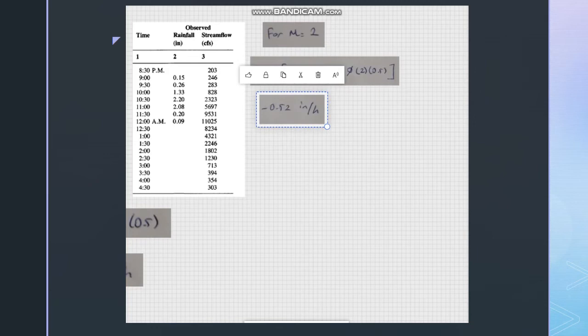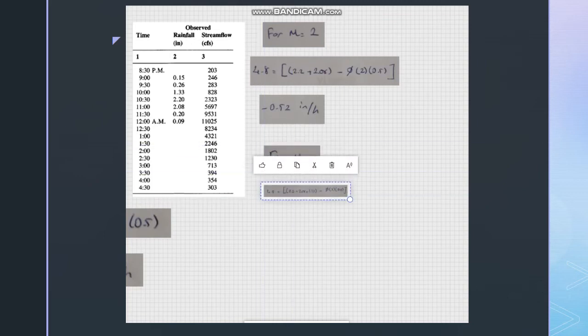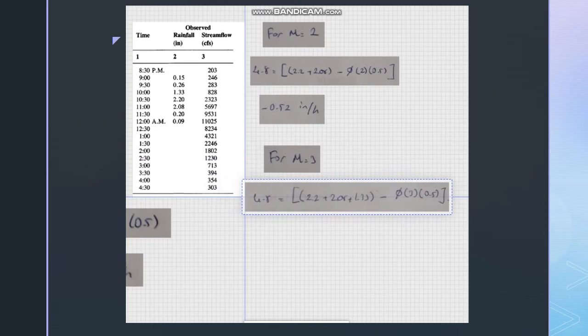For m, the interval is gonna be 3. Let's go through. For m equal to 3, the highest ones are 2.2, 2.8, and 1.33. So let's add all these terms, and as you see here, 2.2 plus 2.8 plus 1.33 minus phi index multiplied by 3 times the 0.5 interval.